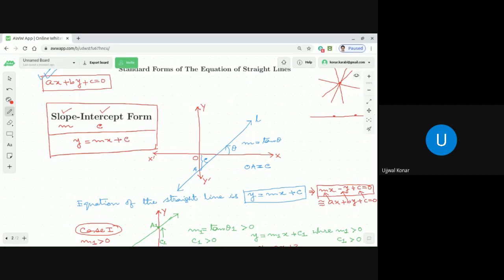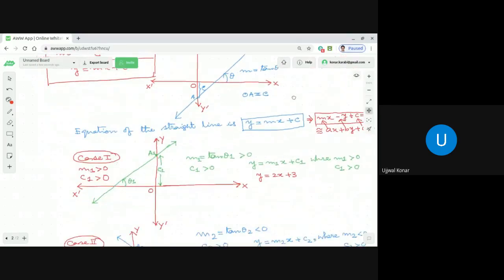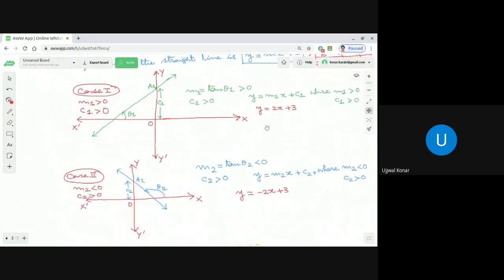Now, as far as their positive and negative signs are concerned, there are 4 cases possible. The first case is when both m and c are positive. Then the straight line will look like what you see in the green color. Next, m is negative but c is positive. Then the straight line is what you see in the blue color.